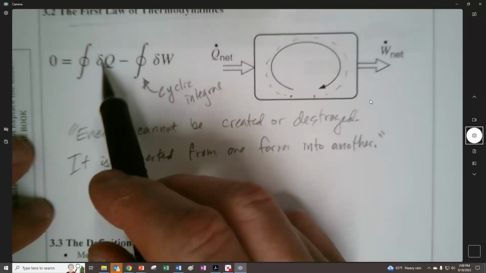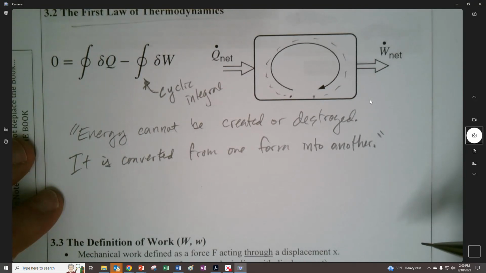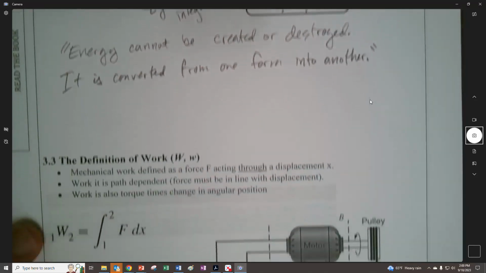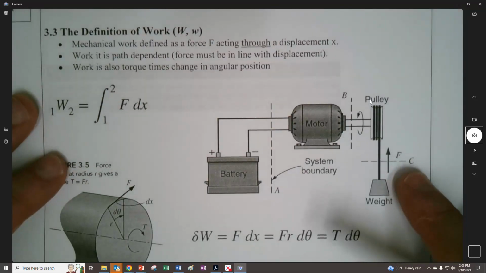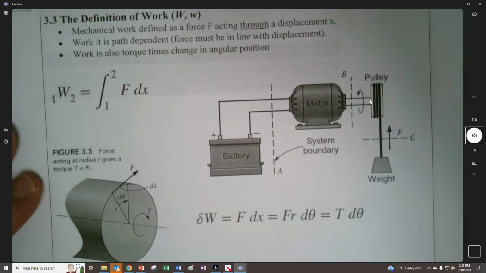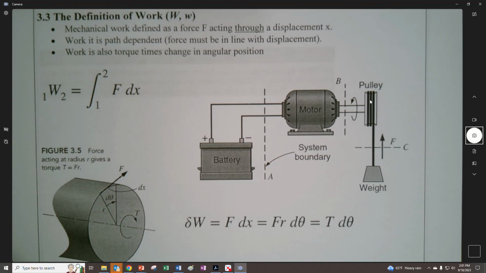And so heat and work are the main kinds of energy that we deal with. If we're mentioning the word work, we should have the definition of work, right? When I teach dynamics, we have a work-energy section, both in particle kinetics and in rigid body kinetics, where we take a look at the definition of work.